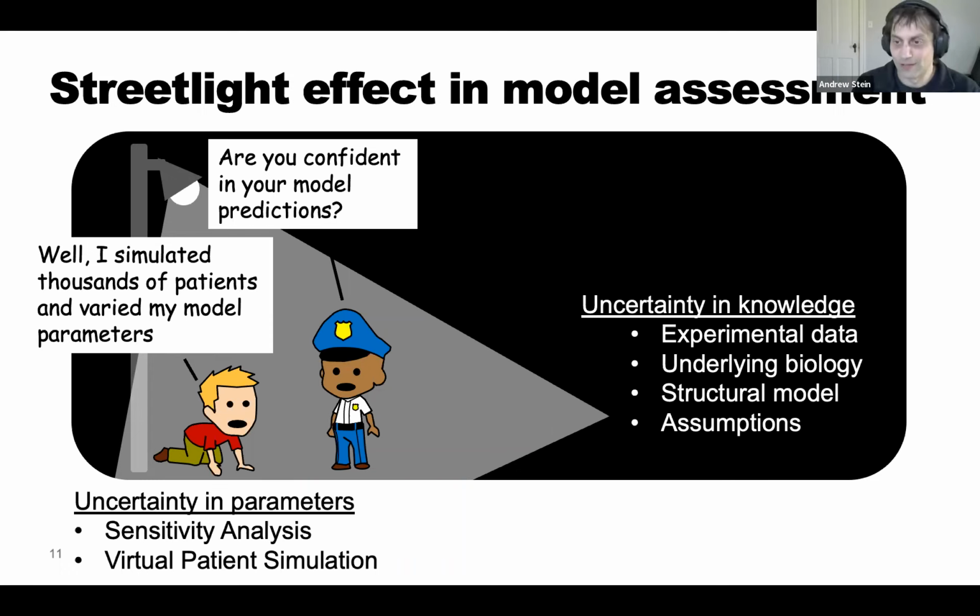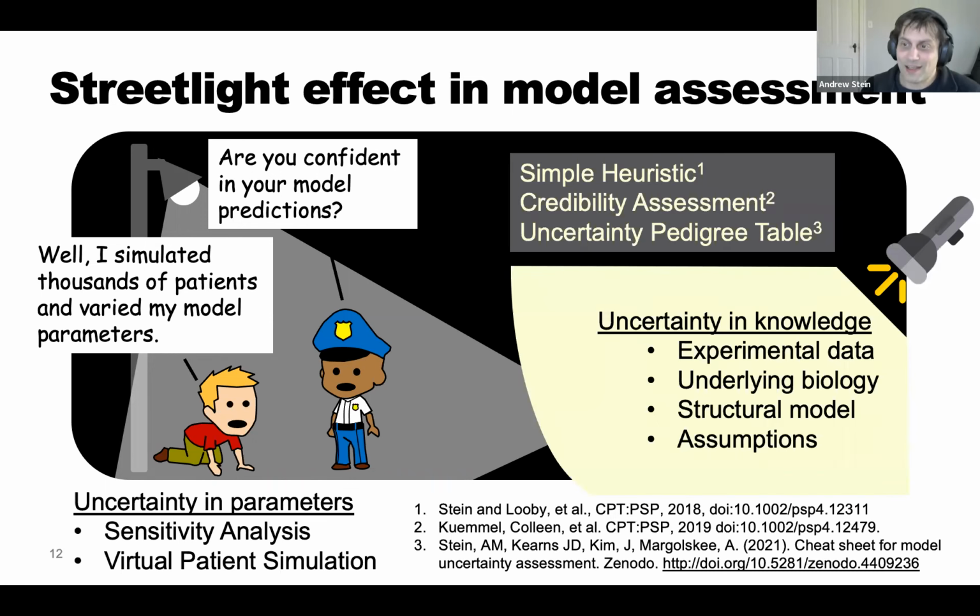Do we understand it well enough to build a model for making predictions that are going to guide decisions? So in this talk, I'm trying to shine a light on the right-hand side and offer a couple of tools for what to do when these sources of uncertainty are significant for our models.